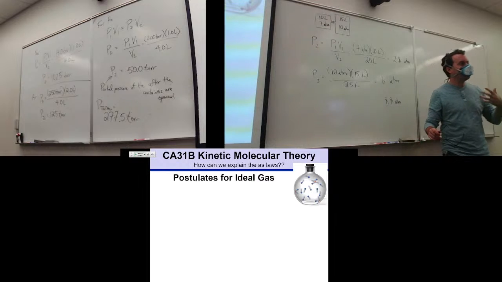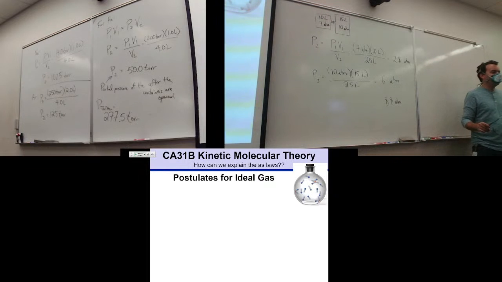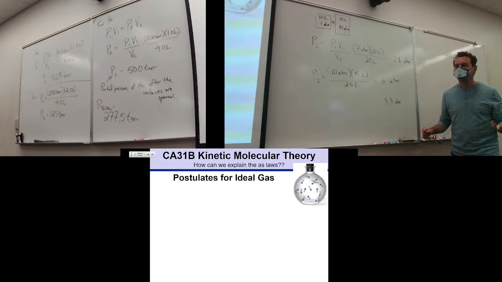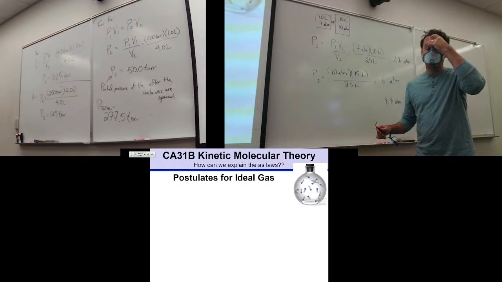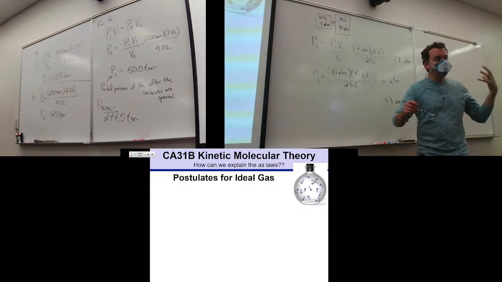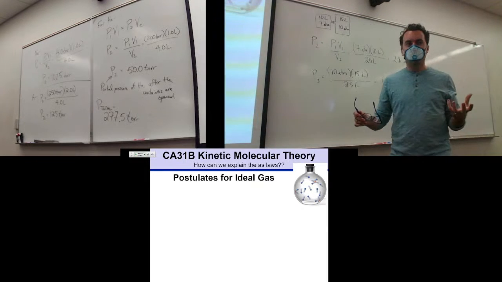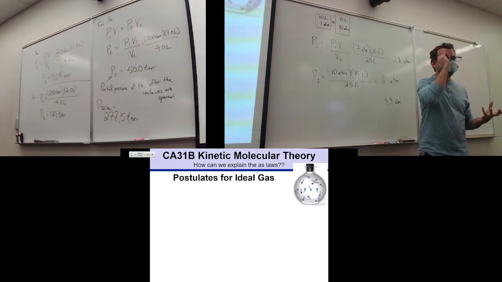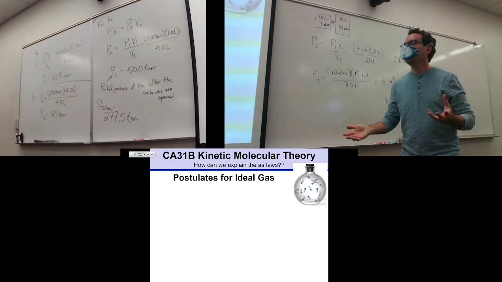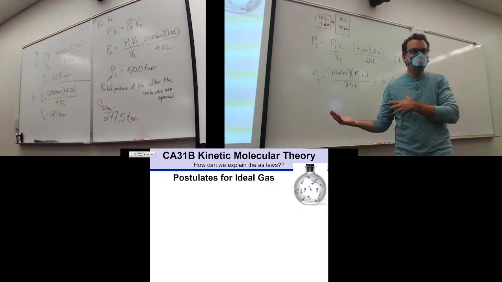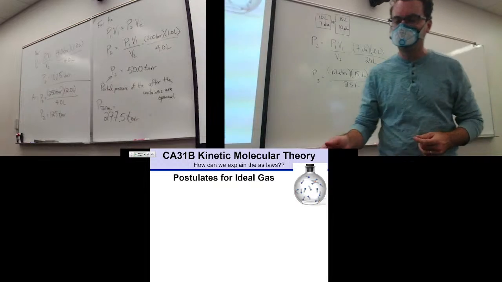This is a model for describing how gas particles interact with each other. It's an ideal gas model. This isn't really how they work, but it's a good way to talk about gases in general. There are cases where it's not appropriate, but in general this works.